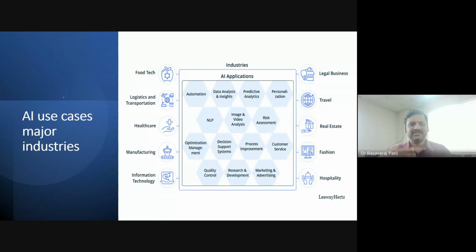Many of these industries are getting into the market with AI driven applications so that their products are getting better, and more customers and more users are coming to purchase their products.